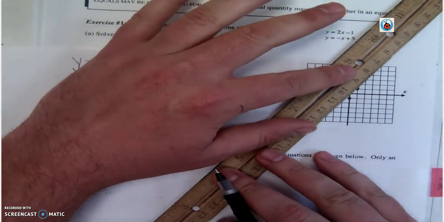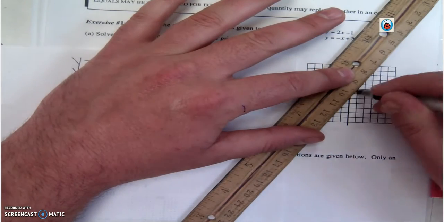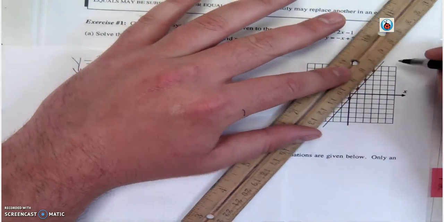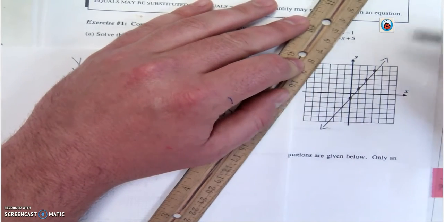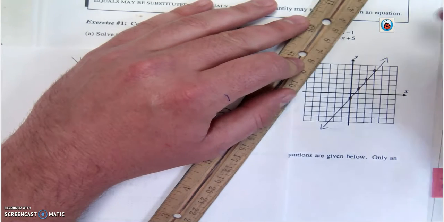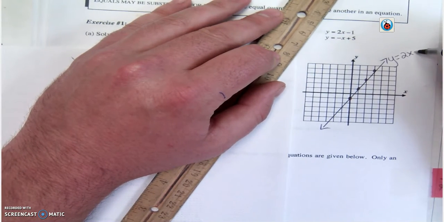It's important to have a ruler so you can connect your dots. We must put endpoints or arrows on our line to indicate that this line is continuous and it keeps going, and we should also label all of our lines.